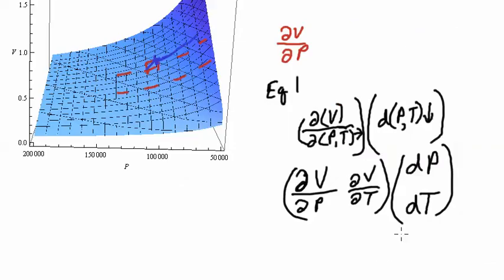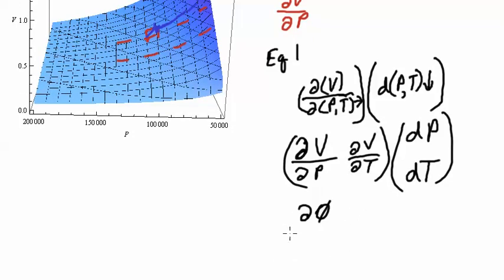Now, in Einstein notation, in the equation that we'd be doing right there, del phi del pressure and temperature, what do you want to call that?